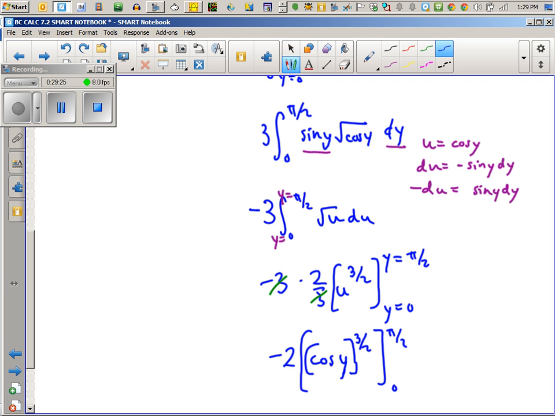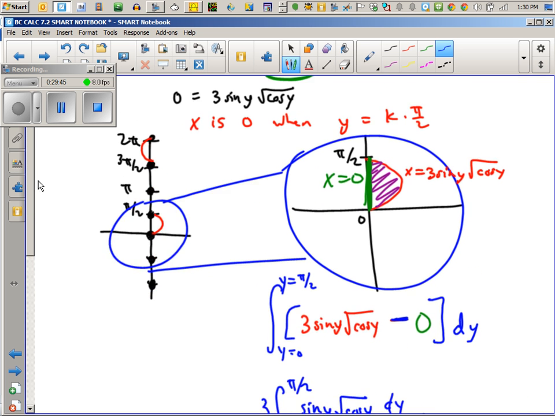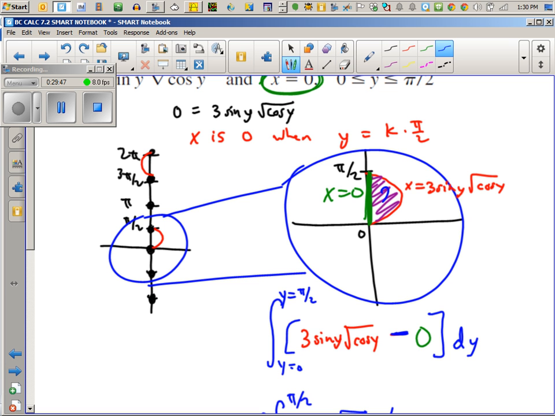If you plug in pi over 2, the whole thing is 0. If you plug in 0, the whole thing is negative 2. So the answer to this is 2. Go figure. 2, whole number. Kind of neat. And I just can't resist going up to my cool picture and putting a big fat 2 in that space. My area is 2. Hard to believe, but it's true.